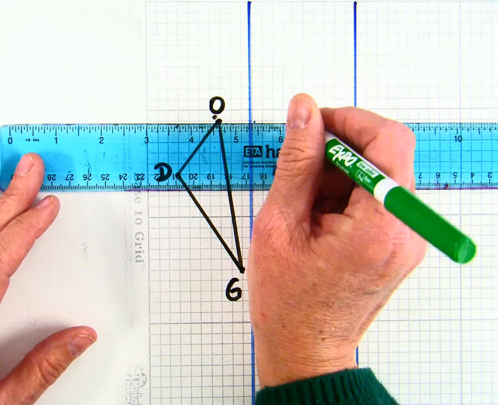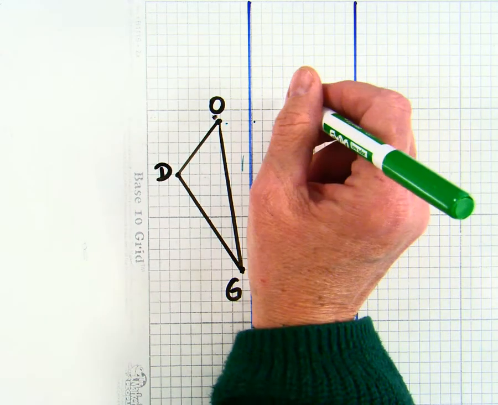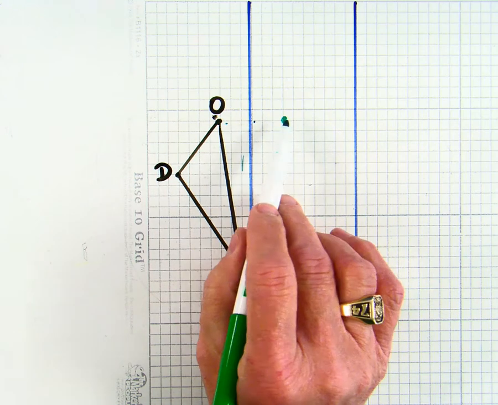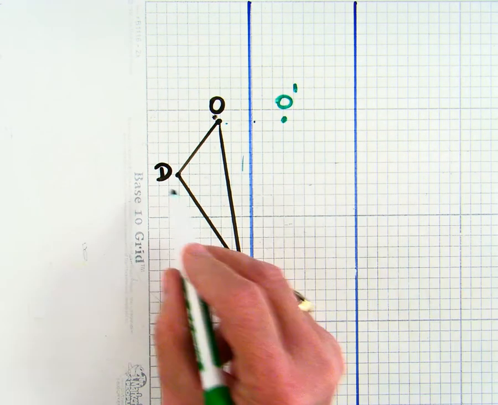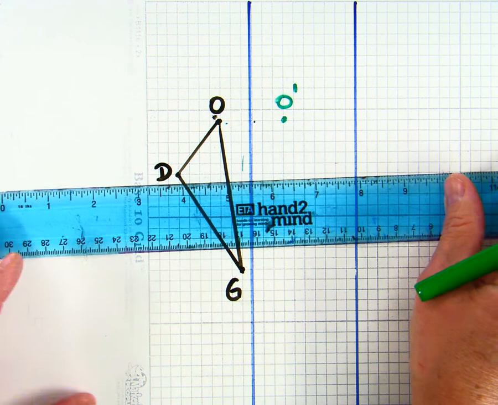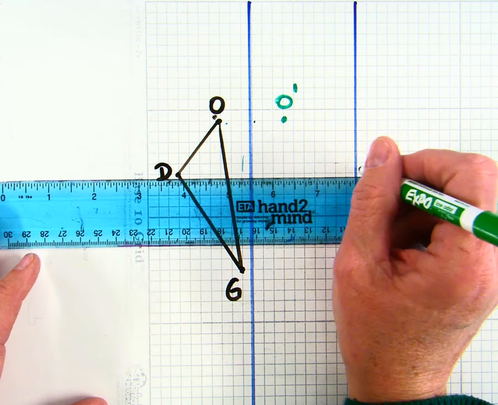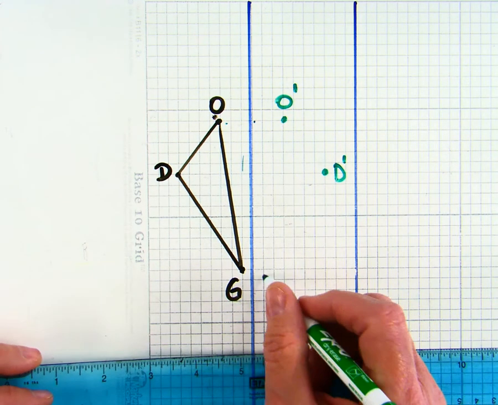We'll count 3 from the mirror, 3 from the mirror, because it's equidistant. Remember from last time that the line of sight is bisected by the mirror line, so this will be O prime. Then D prime will be straight across perpendicular, the same number 7 across, so there's D prime, and then G prime.